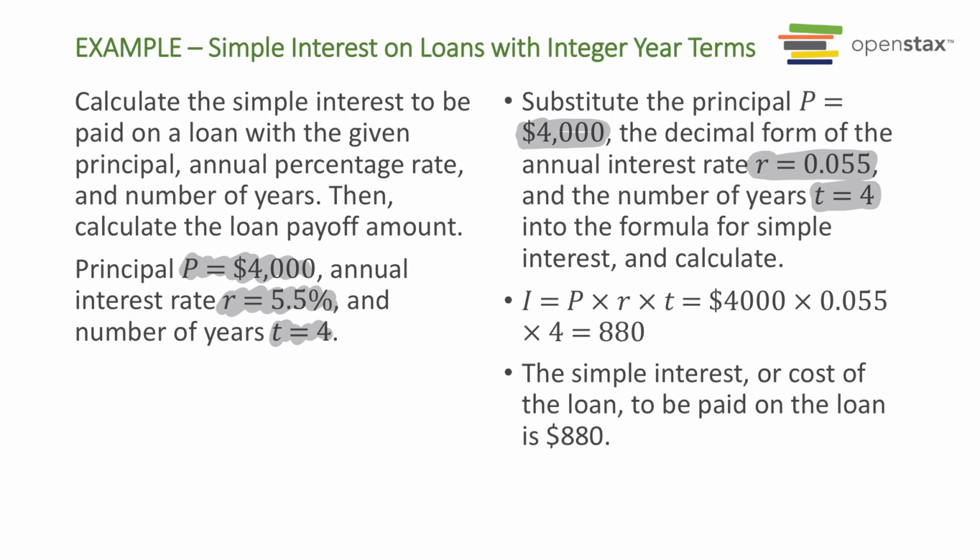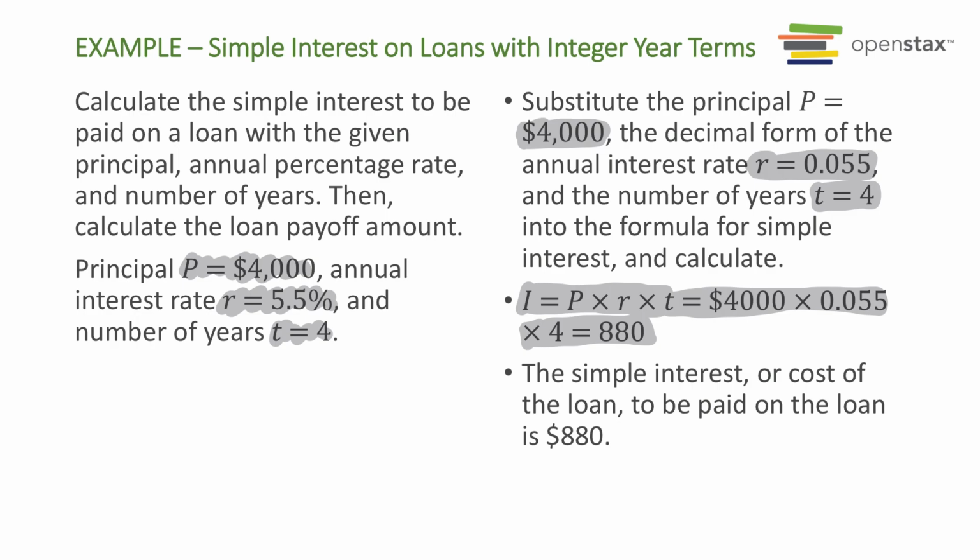I equals PRT is 4,000 times 0.055 times 4, and that's $880. So the interest on a $4,000 loan at 5.5% APR for 4 years is $880.